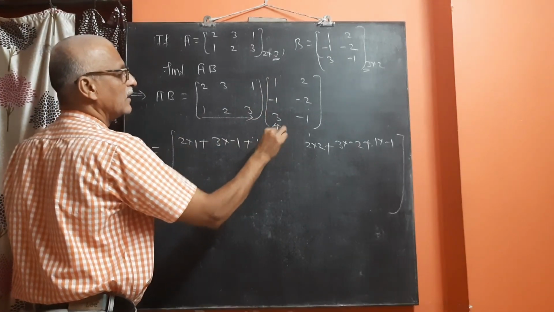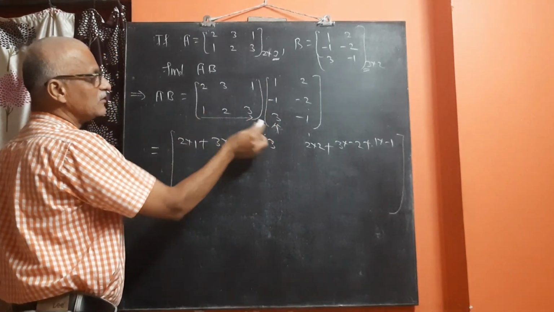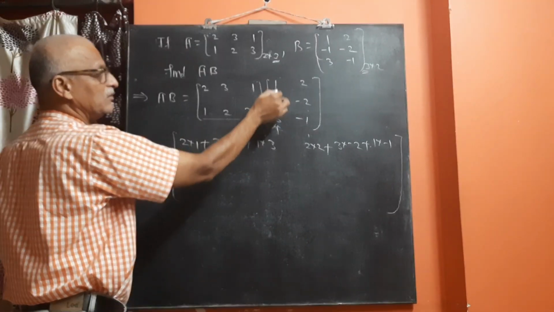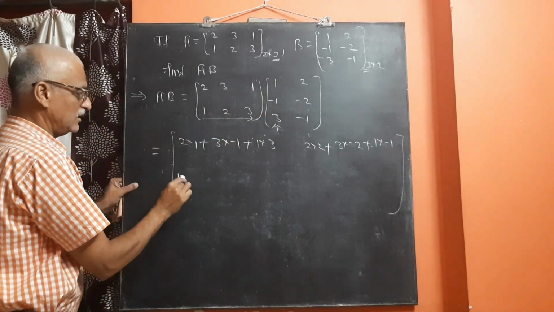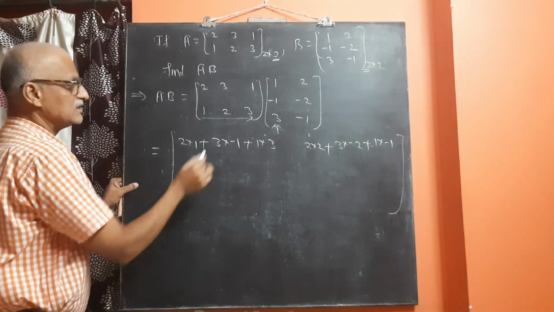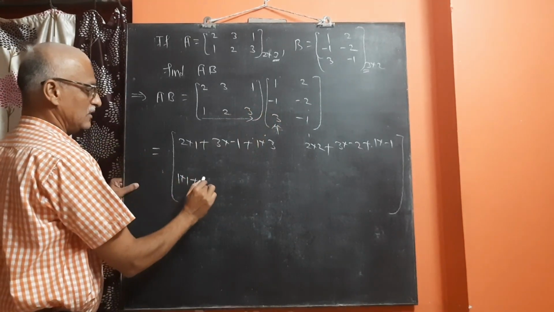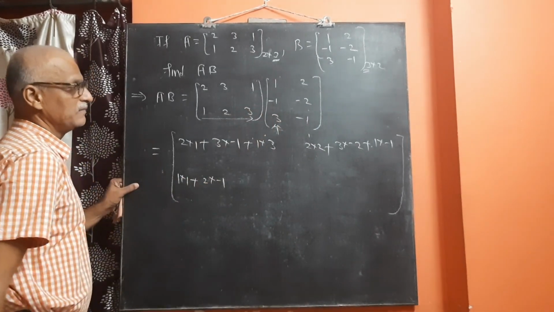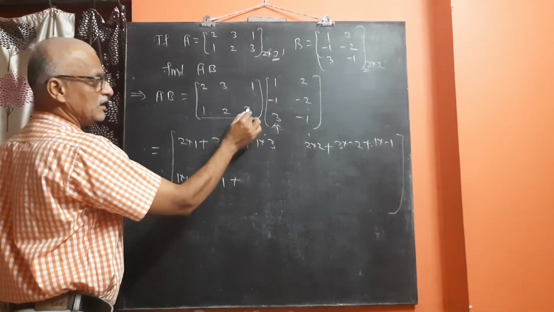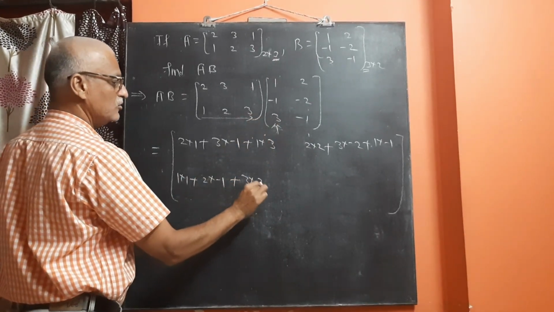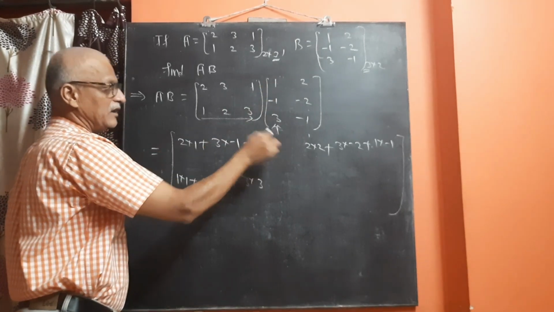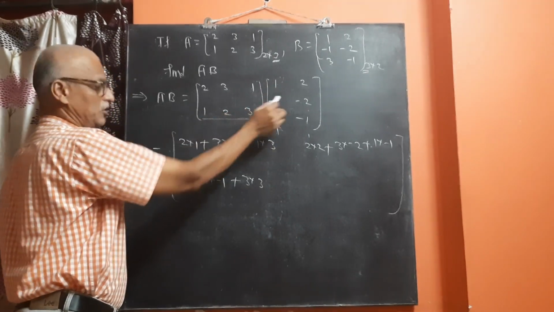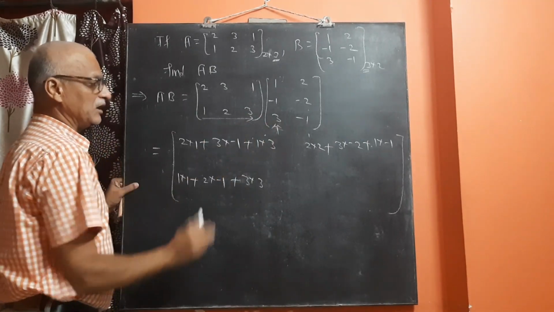with first column. So elements of second row are 1, 2, 3 and here 1, minus 1, 3. So we get 1 into 1 plus 2 into minus 1 plus 3 into 3. See here, in the down direction, 1 into 1, 2 into minus 1, 3 into 3.